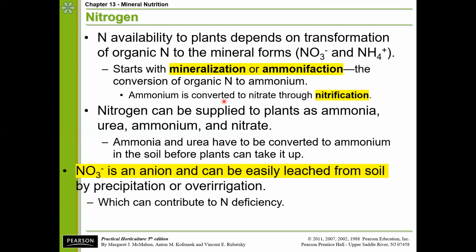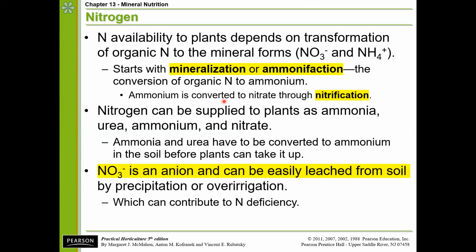Nitrogen can be supplied to plants as ammonia or as urea or ammonium, and also as nitrate. Ammonia and urea, though, have to be converted to ammonium in the soil before plants can easily take it up. Nitrate itself is an anion, a negatively charged ion, and because of that, it is easily leached from the soil through water.